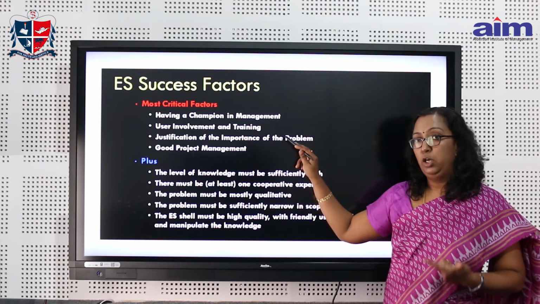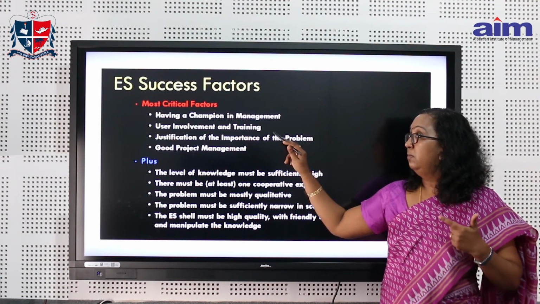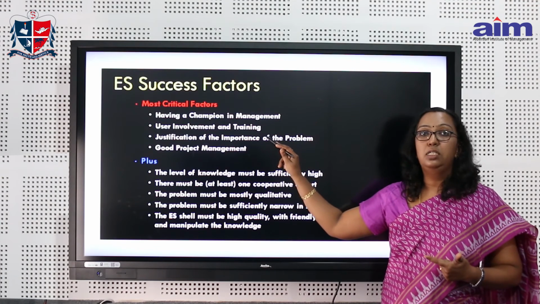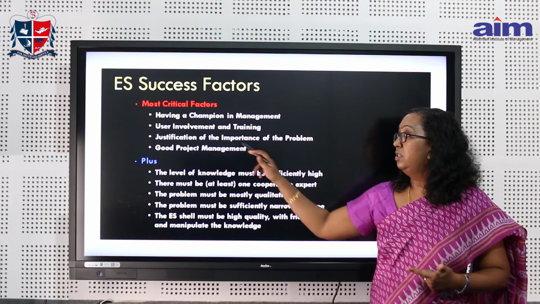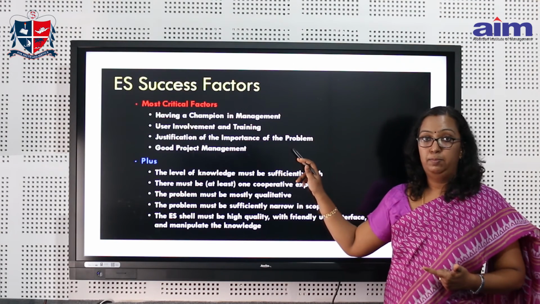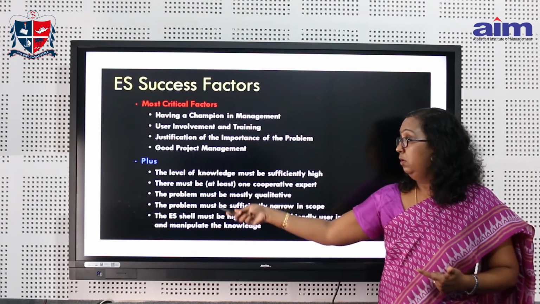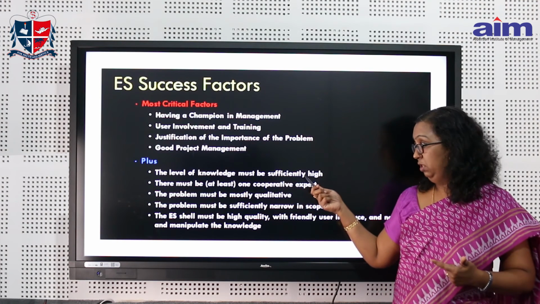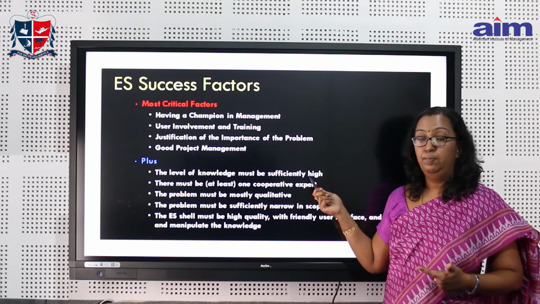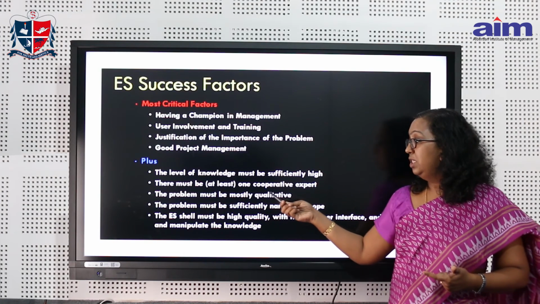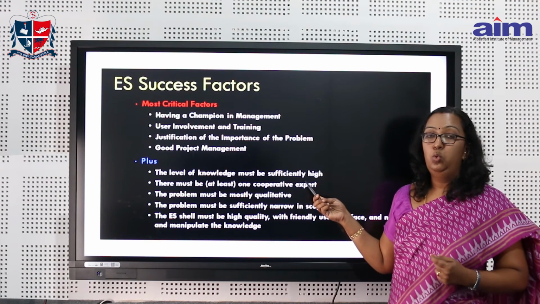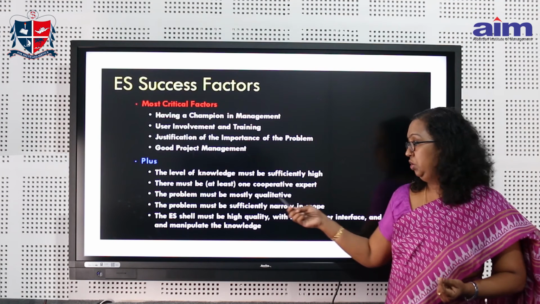This is another important area which determines the success of ES. Justification of the importance of the problem. A good project management team, and also the level of knowledge must be sufficiently high. There must be at least one cooperative expert who is willing to share the knowledge.